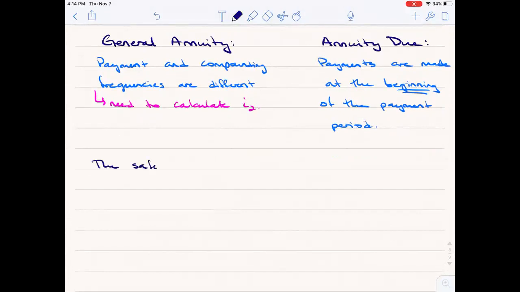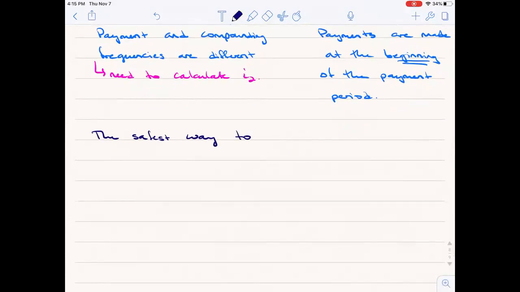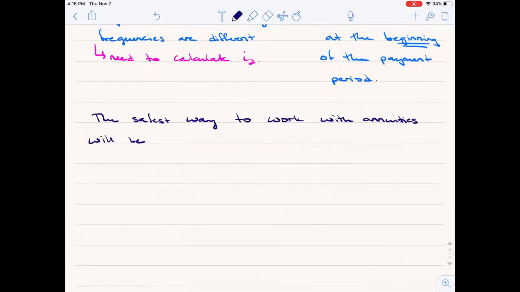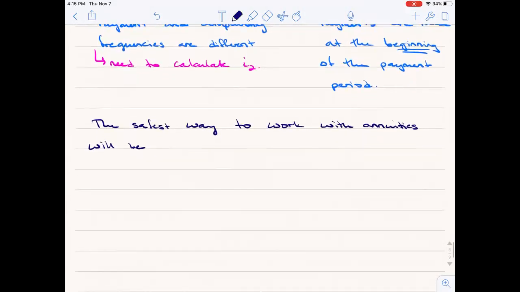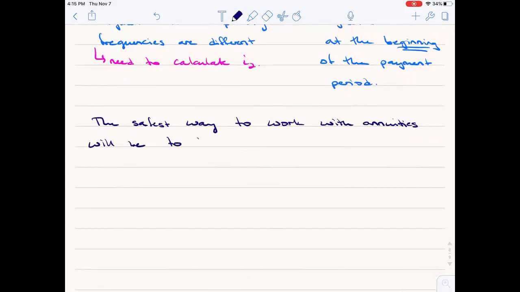The safest way to work with annuities will be to treat all annuities as if they are general annuities.